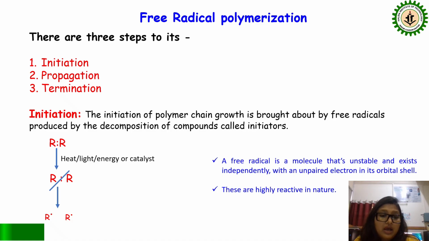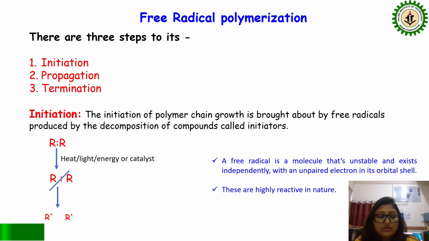For example, R-R is an initiator which, when subjected to heat or light or energy or a catalyst, breaks, or rather decomposes, into two free radicals, that is R dot and R dot. Now what is a free radical? A free radical is a molecule that is unstable and exists independently with an unpaired electron in its orbital shell. These are highly reactive and get our work done.